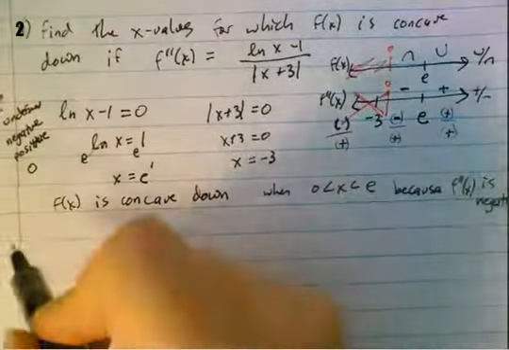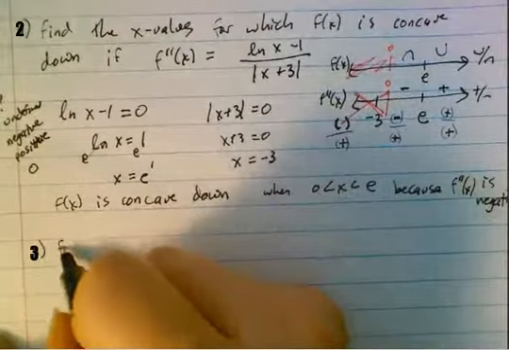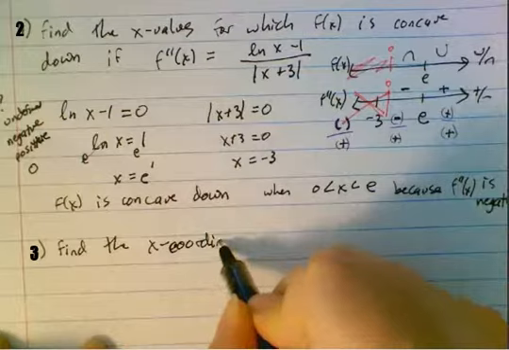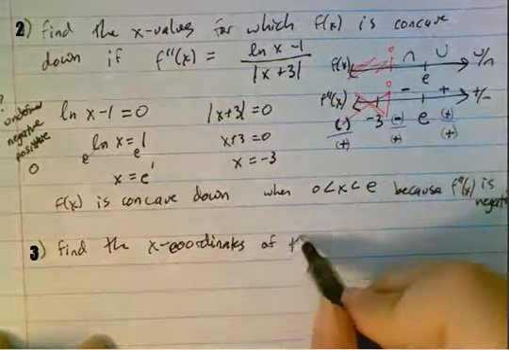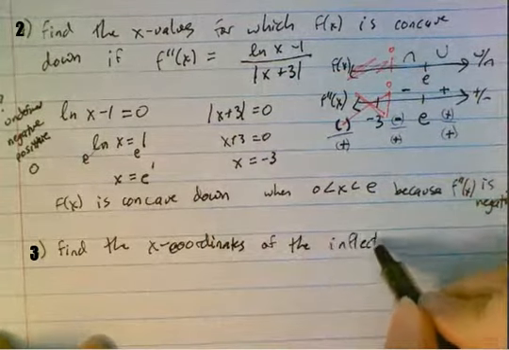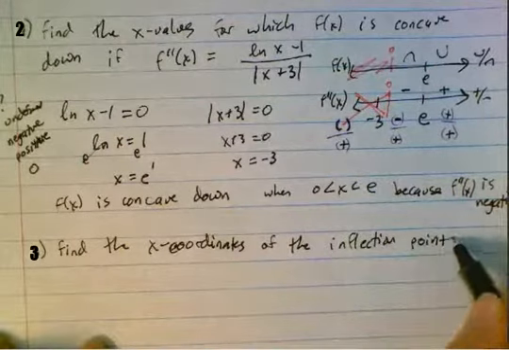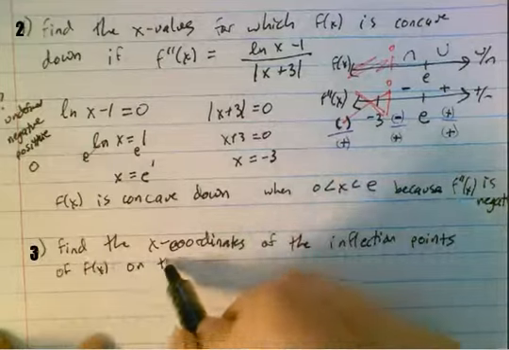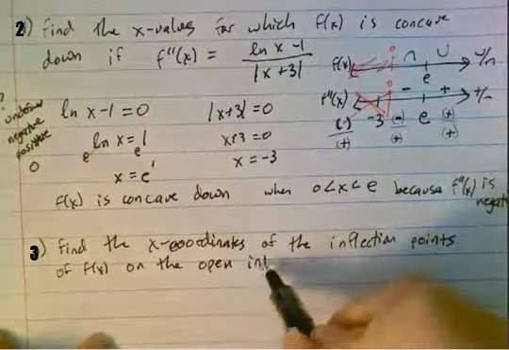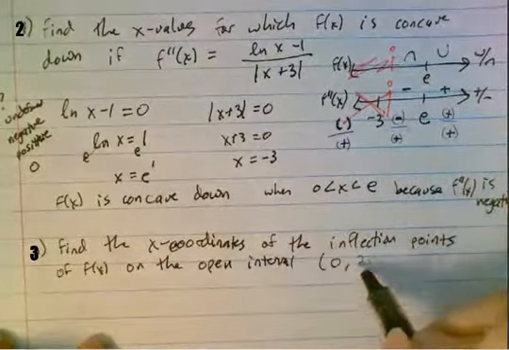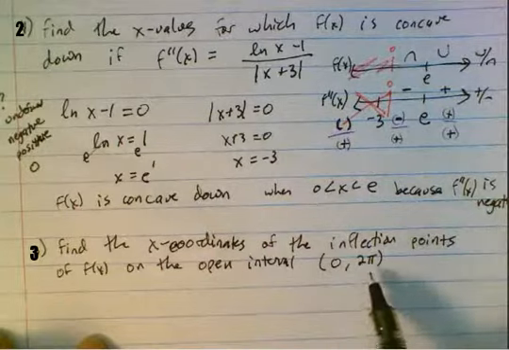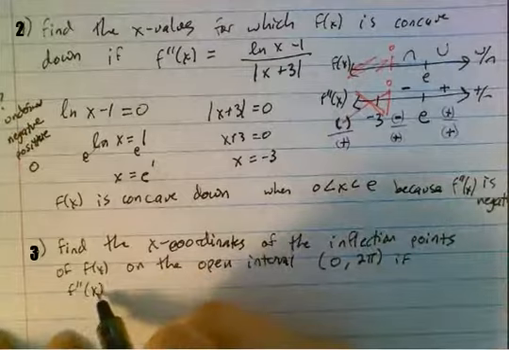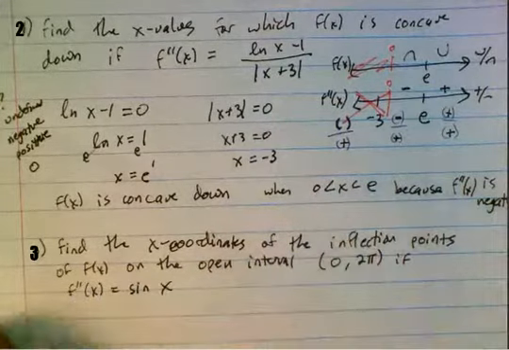For our final problem, let's find the x-coordinates of the inflection points of f of x on the open interval 0 to 2 pi, so that means not including 0, not including 2 pi, if f double prime of x equals the sine of x.